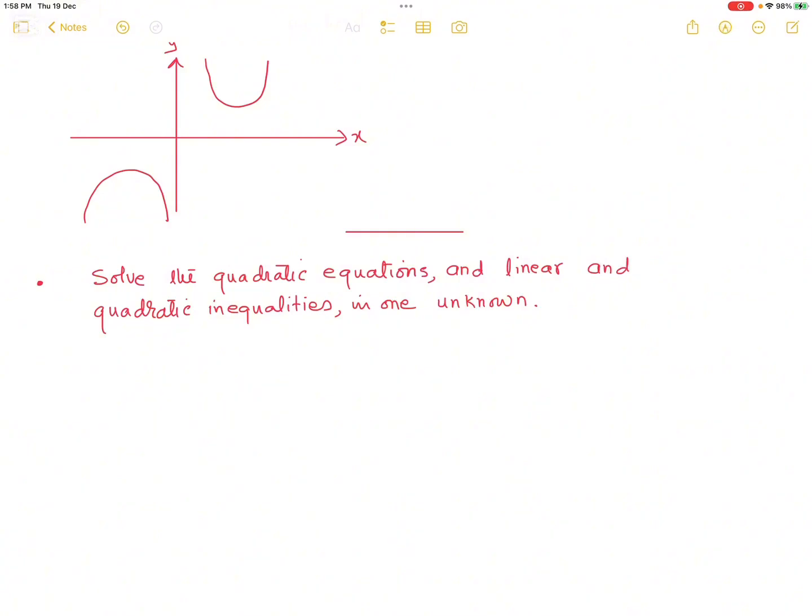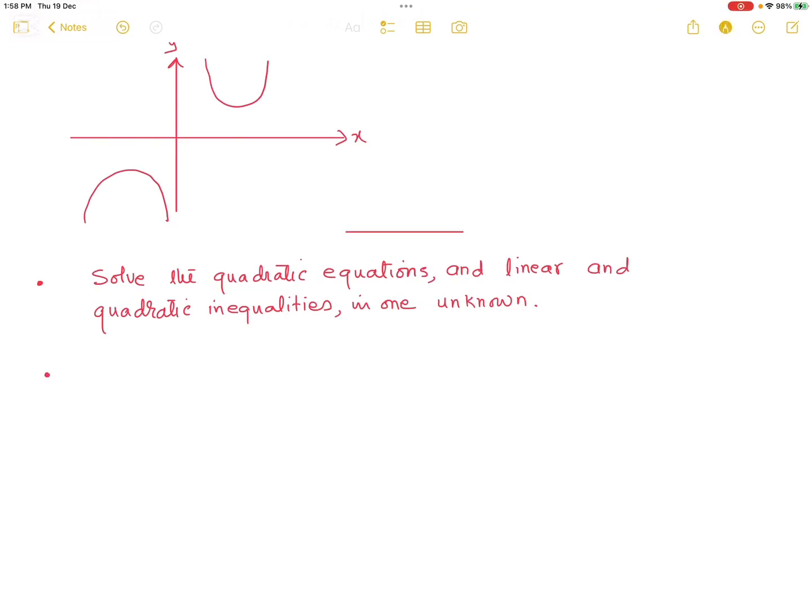In this you would be given a linear equation and a quadratic equation, and there will be one unknown, and the examiner would ask us to solve them simultaneously and find the value of the unknown.